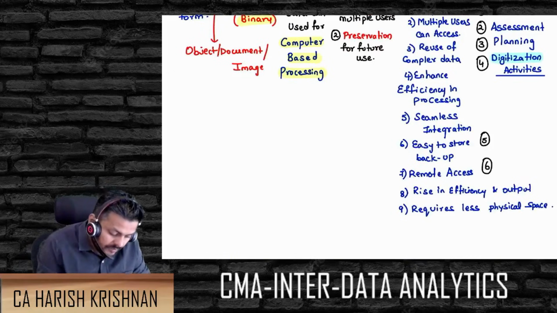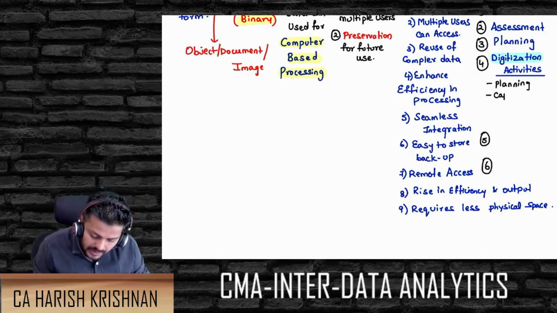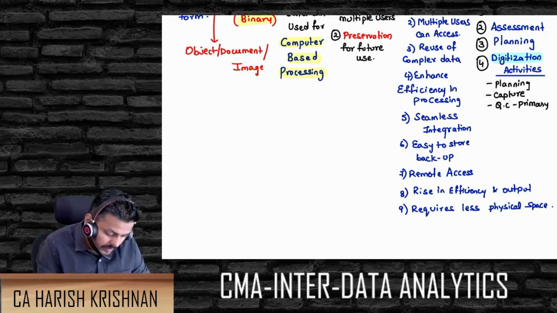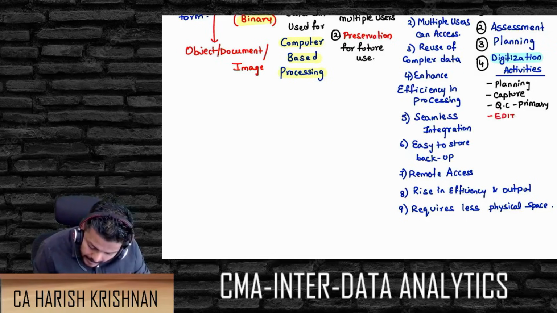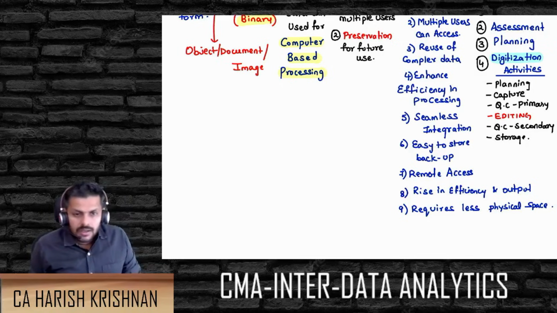So if we go by what we are talking about: planning, capture, the gathering of the data, QC, I'm writing quality control primary. Then it is followed by the most important step, what is called editing. Then comes again the QC secondary. And then finally we go for storage, right? So that is point number 4, which is called digitization activities.